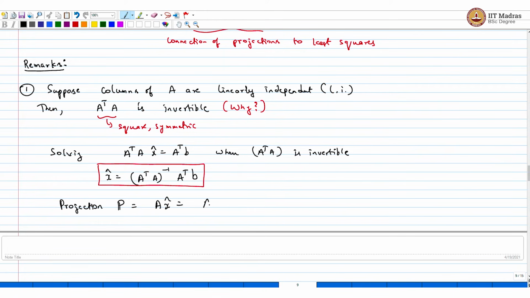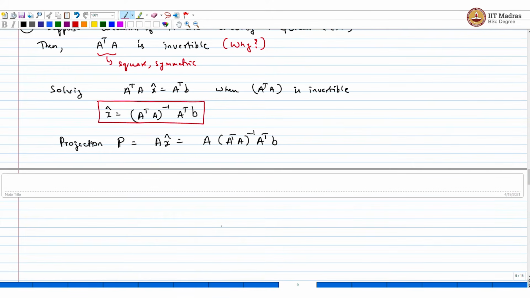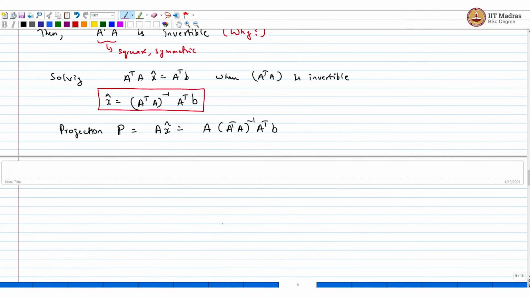A x hat, so A times A transpose A inverse A transpose b. So that is your projection matrix. That is your first remark.